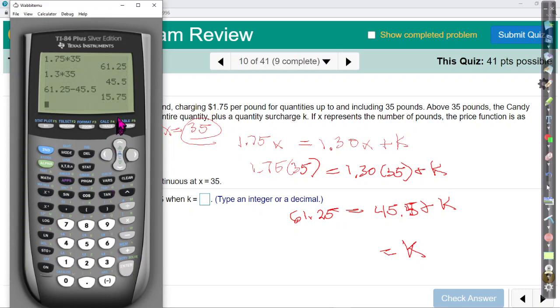There we go, 15.75. Now, yeah, that's what it is, 15.75.